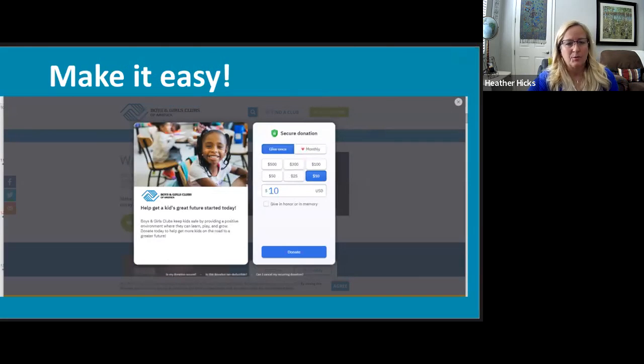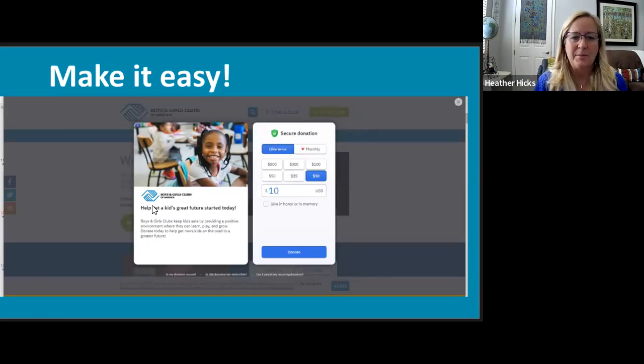And of course, really critical, make it easy. I love this example of Boys and Girls Club of America. They have the value proposition to the left. They have a simple statement, help get kids a great future, started today. So there's a sense of that now, urgency. Boys and Girls Club, keep kids safe by providing a positive environment where they can learn, play, and grow. Donate today to help get more kids on the road to a great future.